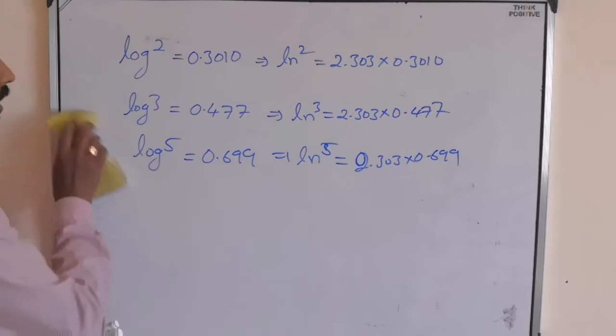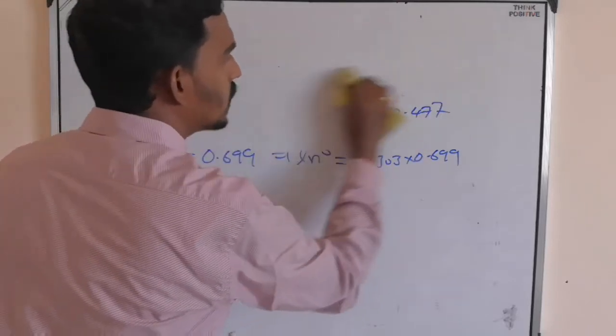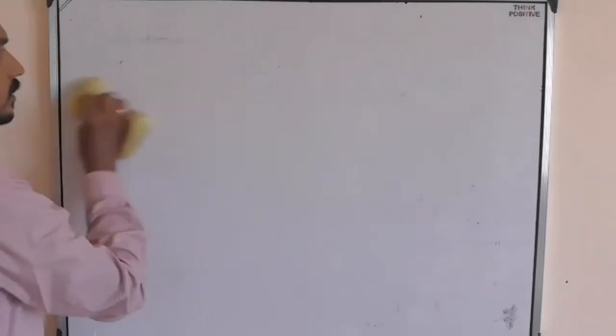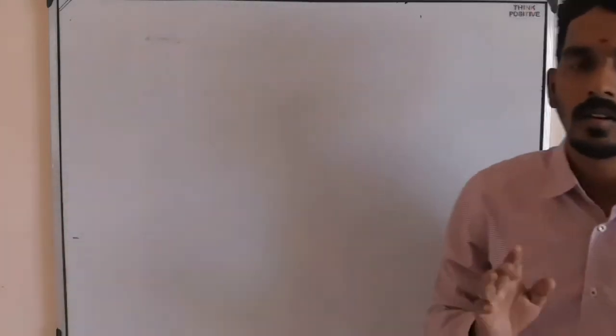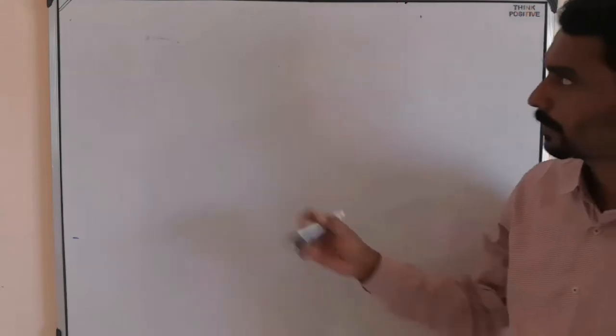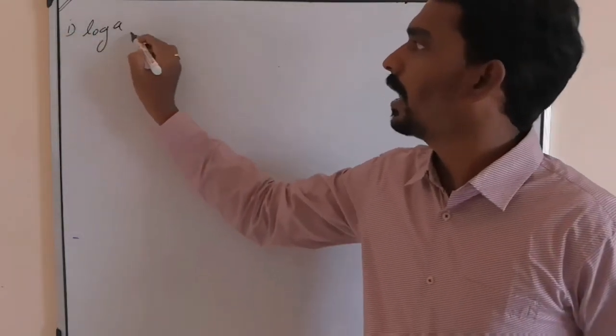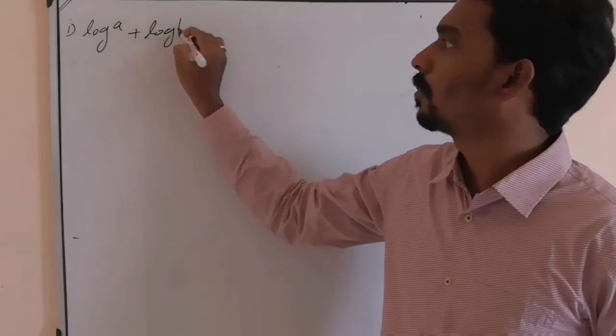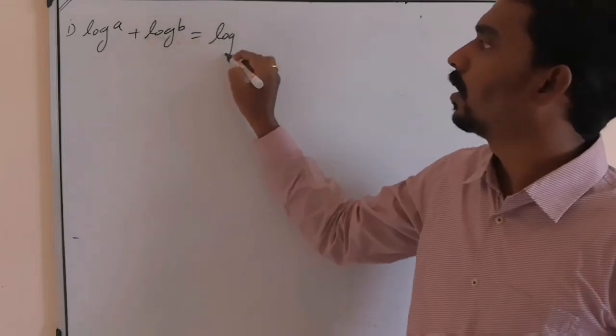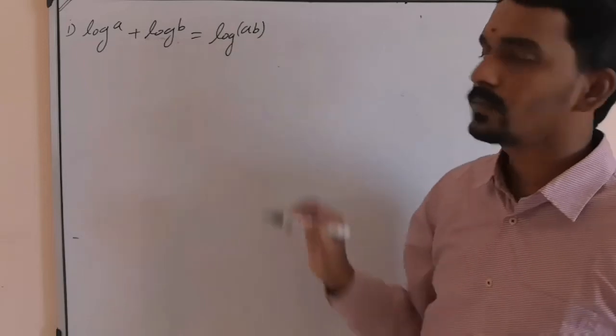Then come the formulas. Formulas are the same for log as well as ln, no difference. Like the first formula: log A plus log B equal to log of A times B.